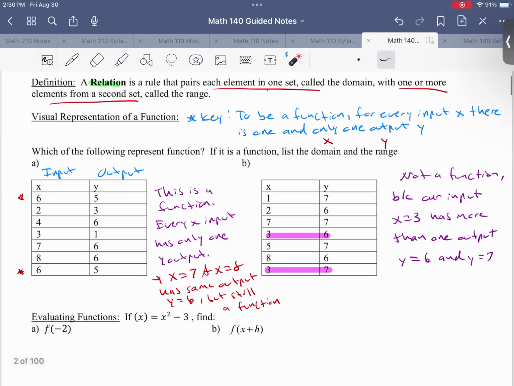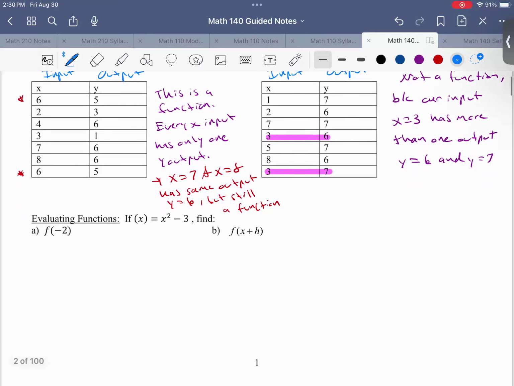And that breaks the rule of a function. For every input, there is only one output y. Here we have two, which makes it not a function. So just remember input, output here. Okay, great. Let's keep moving forward to evaluating functions.